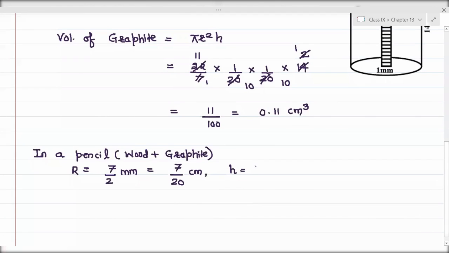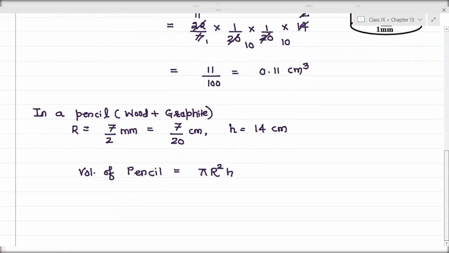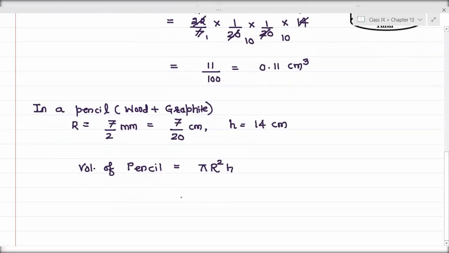Height will be same, 14 centimeter. Okay, so if I find out now volume of pencil, the formula will remain same, that is pi. In place of small r, I am using capital R over here, so pi R square h. Since I am taking the radius of wooden plus graphite, that's why I am taking the capital R.